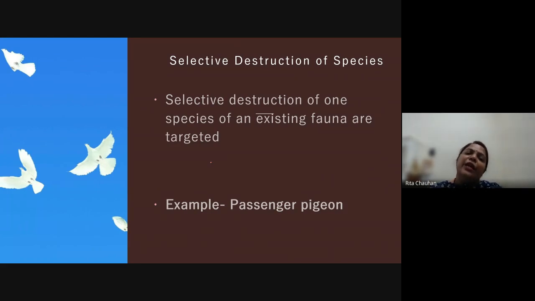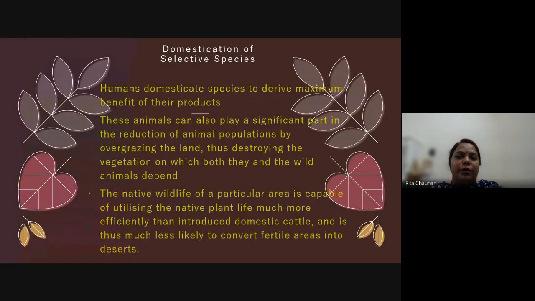So initially we grew their population, but after some time when they were no longer used, we destroyed that pigeon. So slowly now you cannot find this kind of pigeon because they were destroyed and eaten by human beings.